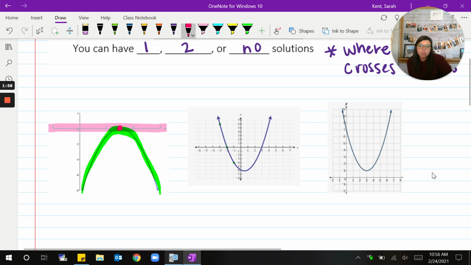So since it touches one time, this will have one solution. And if you look, you can see here is 1, here is 2. Our dot's in the middle. So this point is 1.5, 0. And that would be the answer.